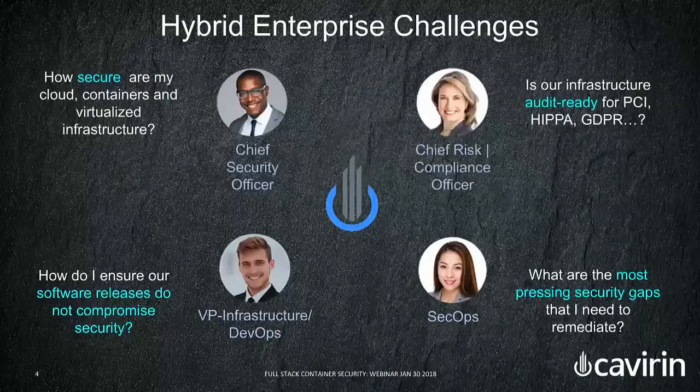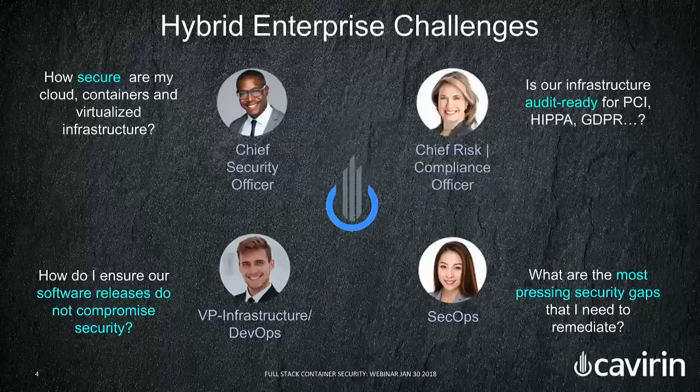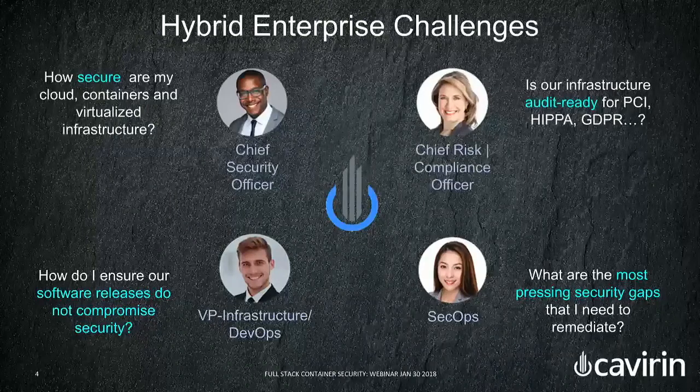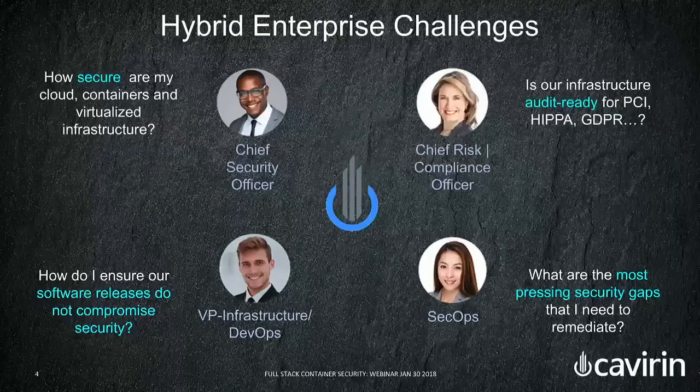Thank you, David. If you're like most companies that Cavirin deals with, you're already a hybrid enterprise. What we mean by that is that you have a mix of physical and virtual machines and public cloud accounts. As it relates to this particular webinar, as you're probably already aware, containers are taking hold with respect to adoption. What they actually enable is essentially a modularized microservice-based architecture.